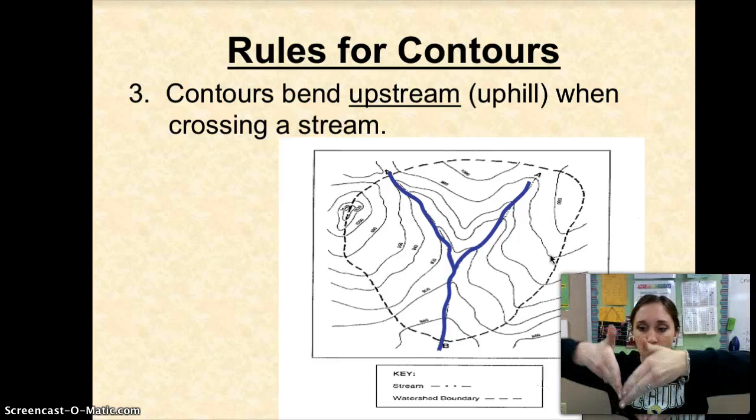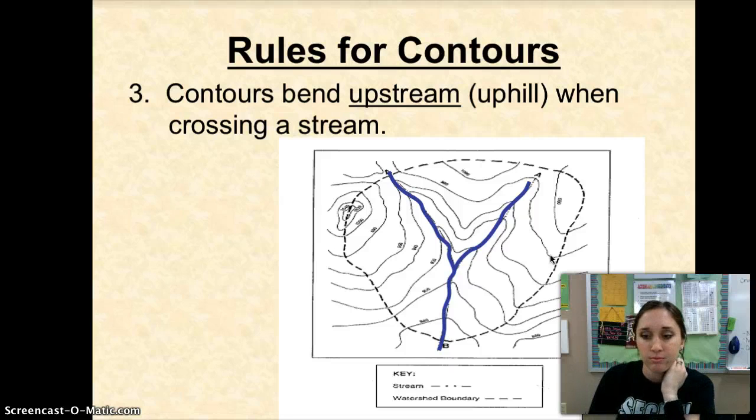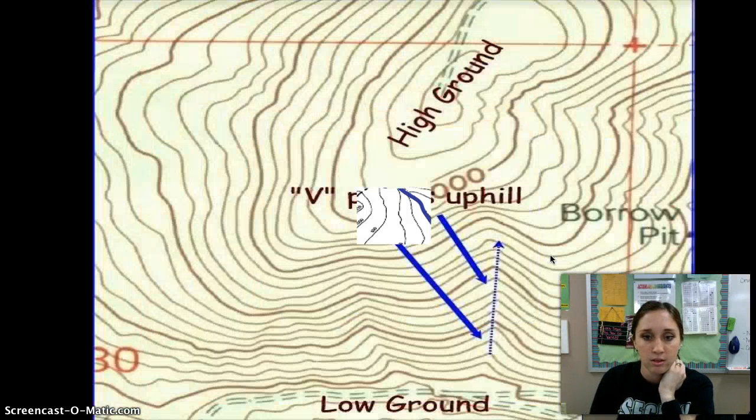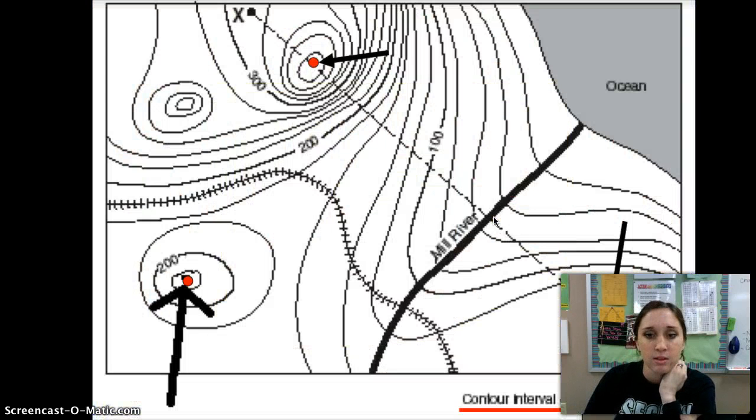If it's the opposite way, that means the river is down here, flowing up on your map. If you look right here, see how this has a V here? That means that the water is coming from here. This one also, we have a V. It's pointing to where it is coming from, upstream, so that means it's flowing down into the ocean.